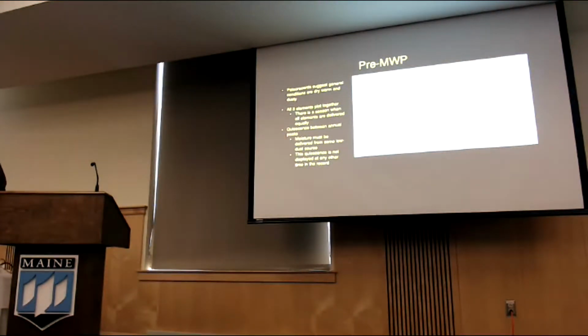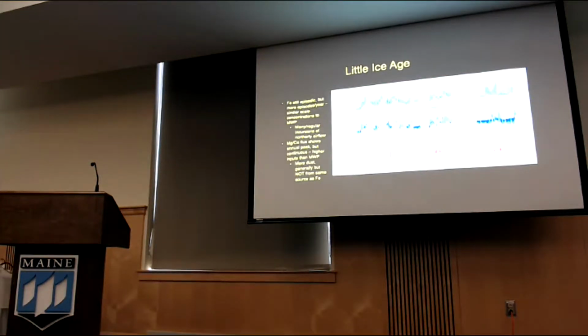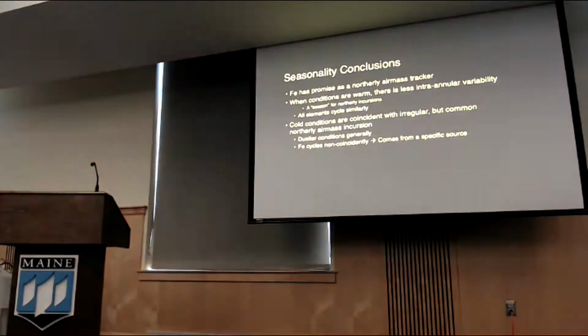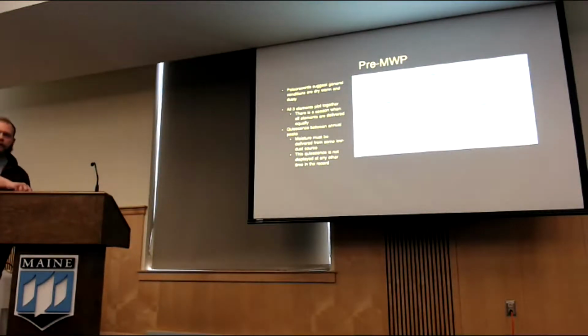And so you see between something like the medieval warm period and the Little Ice Age, it's orders of magnitude differences in the amount of dust that's being delivered in terms of just the general continental dust, whereas the total amount of iron that comes in is about the same throughout the whole record. That's on the same scale. So about the same amount of total northerly air incursion happens, but just on different seasonal scales.